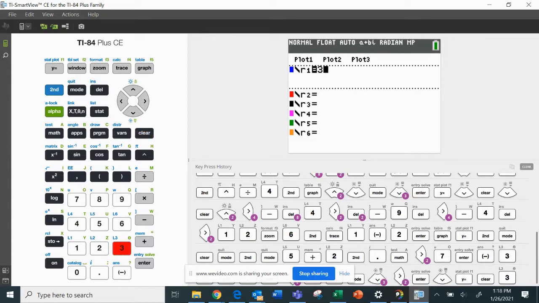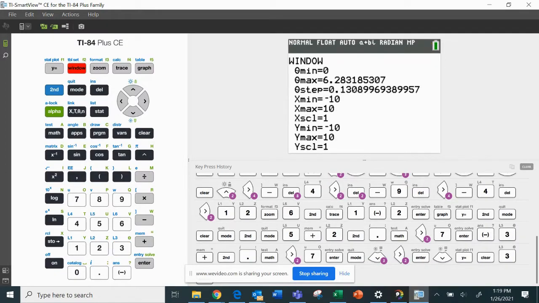We are going to fix our window so it is a square window rather than a rectangular window. After you hit that 3, go to your window and you'll see that there are thetas on there and then there's X's and Y's. We're going to change the X's and Y's.